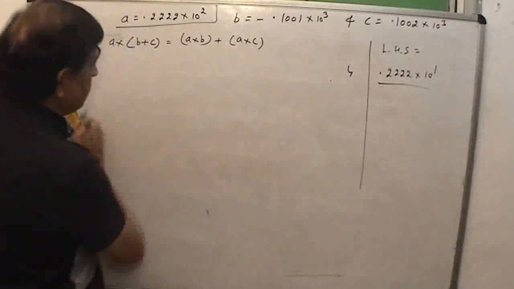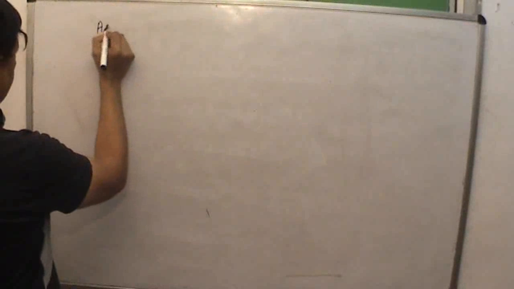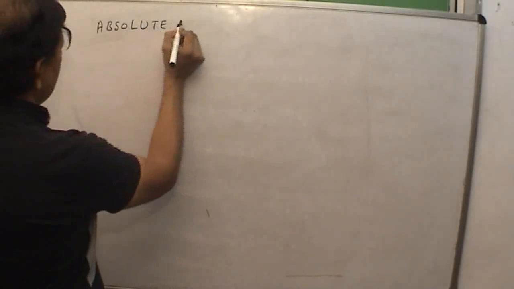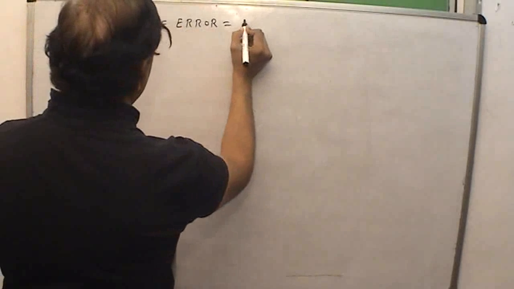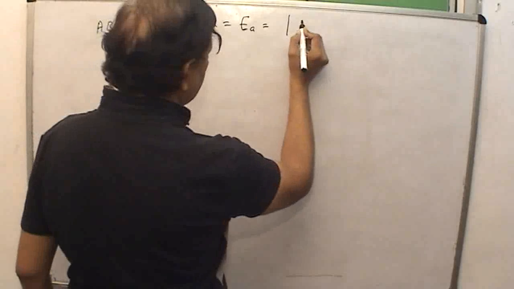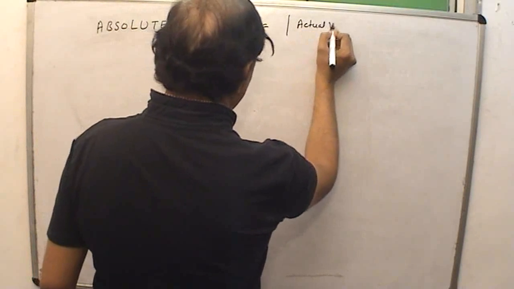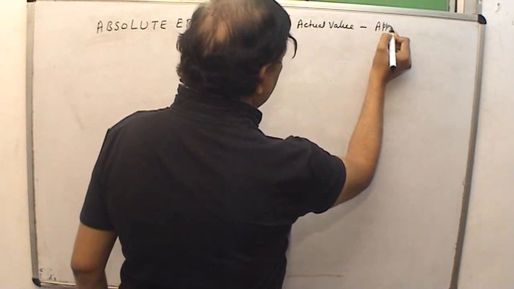Here we discuss the three types of errors. First of all, it is absolute error. We denote it by E small a, that is the modulus of actual value minus approx value.